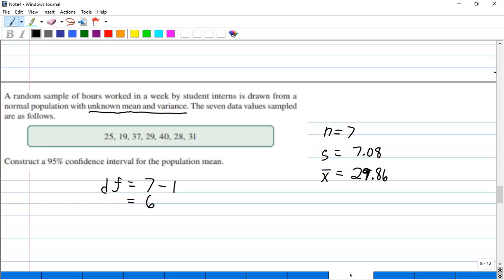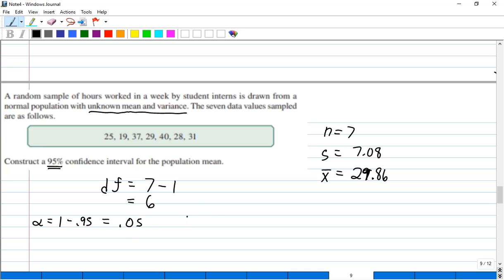Now, what was the confidence level? Or confidence interval? 95%. All right. So for a 95% confidence level, what is alpha equal to? Alpha equals 1 minus 0.95. What is that? 0.05.